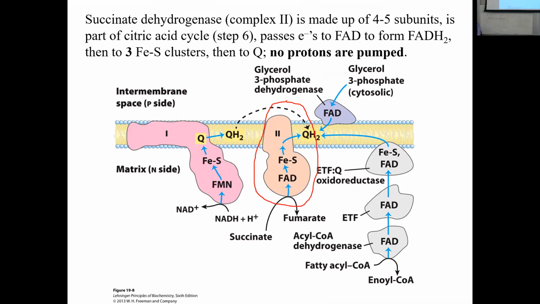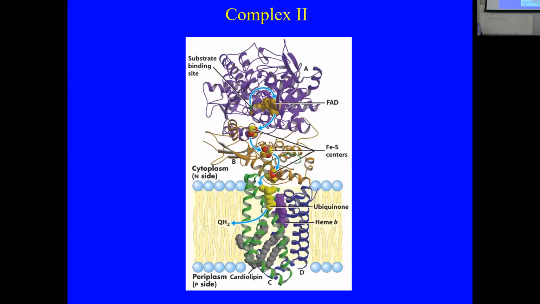Those electrons are transferred initially to FAD and then on through, they're moved here to a series of 3 iron sulfur clusters. Okay, this is a little bit harder to see, but here is the FAD. Now remember, the FAD is permanently embedded in this complex.